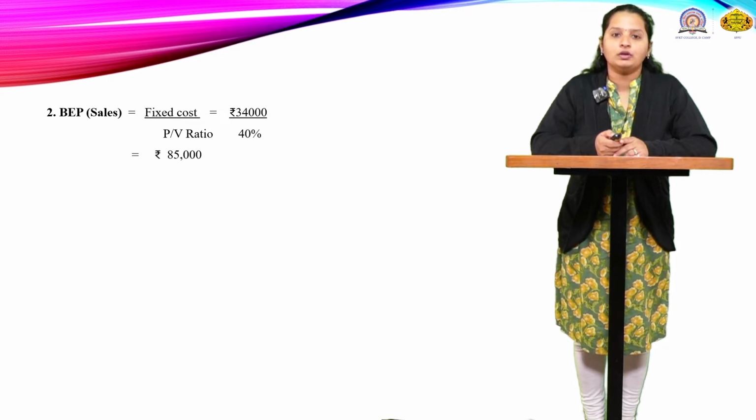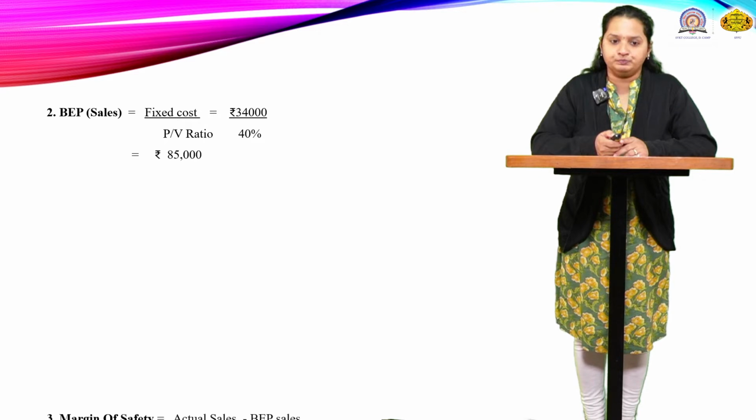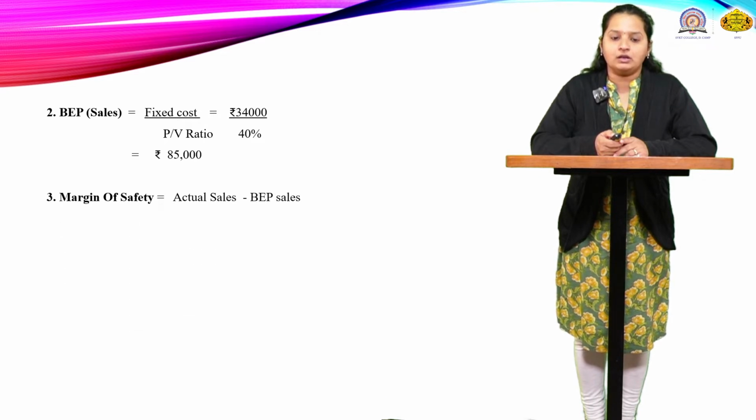Now let us calculate the next, BEP sales. The formula for calculating BEP sales is fixed cost upon PV ratio. In our example, we have the fixed cost of rupees 34,000 and the calculated PV ratio is 40%. So we get the BEP sales of rupees 85,000. Thereafter, the next calculation required is margin of safety, which can be calculated by deducting BEP sales from actual sales.